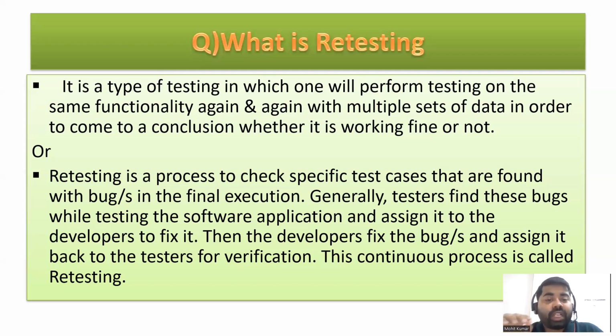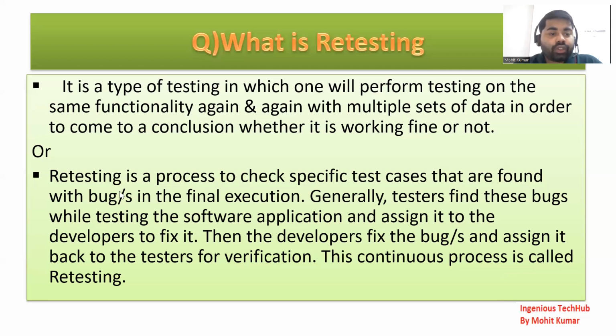It is a type of testing in which one performs testing on the same functionality again and again with multiple sets of data in order to be conscious whether it is working fine or not. Retesting is a process to check the specified test cases that were found with a bug in the previous execution. Generally the tester finds a bug while testing the software application and assigns it to the developer to fix it.